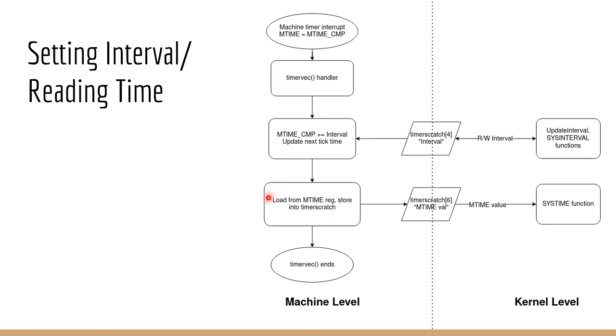Now it also loads the value of the mtime register and stores it into timer_scratch, so that whenever we need to read the current time of the system, all we need to do is load the corresponding value from the timer_scratch array. In that way, we can set both the interval of the system as well as read the actual time and cycles from the system.